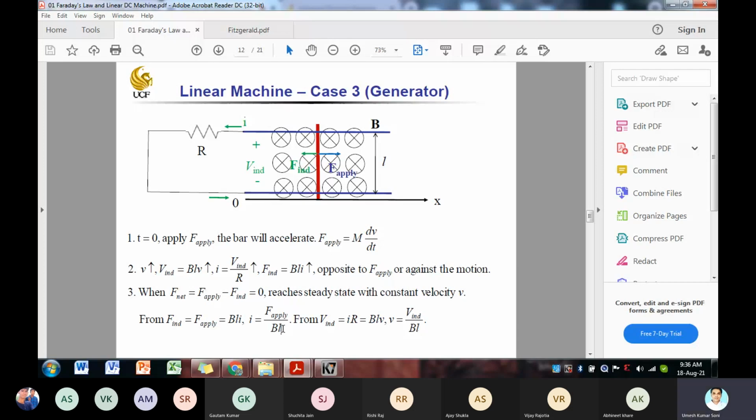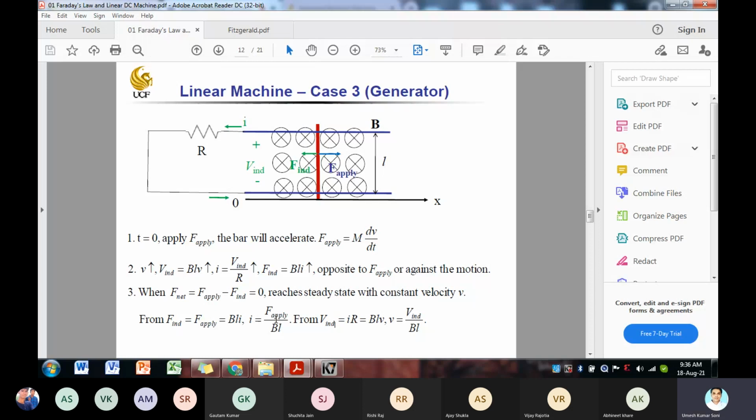Okay, so to have that much current, how much induced voltage should there be? If we have found the current, then V induced equal to IR, equal to BLV, so velocity V is given by V induced upon BL. Okay, clear? Now from here we know I, we know R, so we can find V induced because this is the generating case and there is no voltage source, so this is simply induced voltage equal to IR. So from IR we can get the induced voltage, because steady state current is given by F apply upon BL.